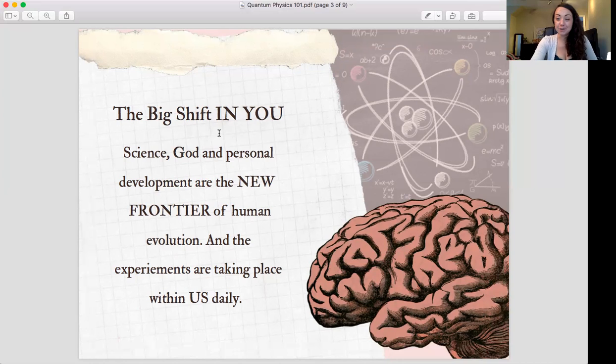The unknown factor is real in the quantum model of the universe, and this new frontier, this evolution, is not that old in the scientific community, and where it's really happening is inside of all of us, those of us experimenting in the fields of personal development, those of us using these ideas and these frameworks to create realities and be examples of things that people thought were impossible for ourselves.